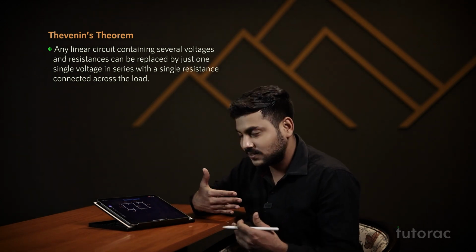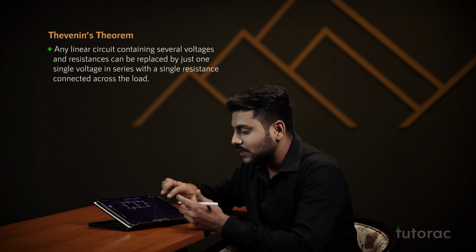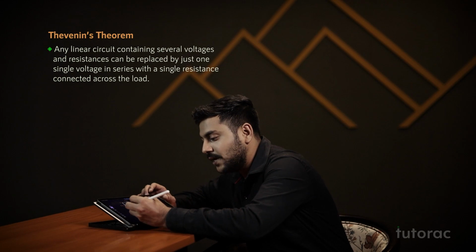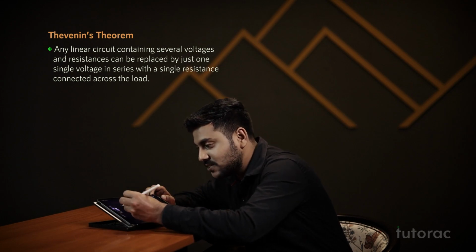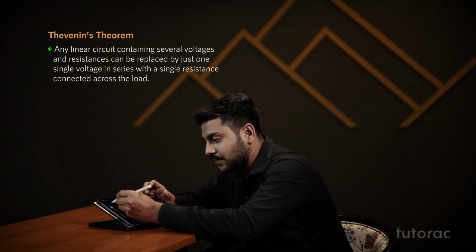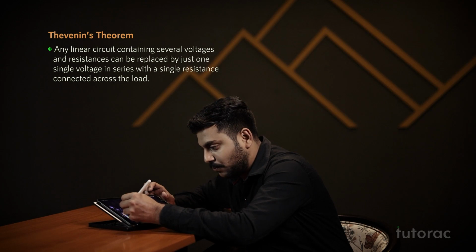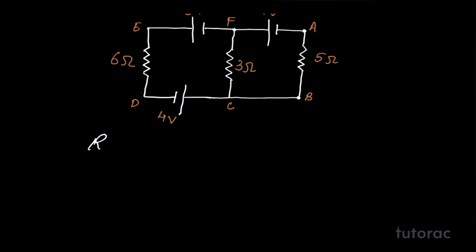So we have certain steps to start with. In order to solve according to Thevenin, first we'll calculate RTH. RTH is the net resistance across the circuit. I'll dictate the points and I want you to listen closely. First we'll calculate the RTH, known as Thevenin's resistance, or Thevenin's equivalent resistance.